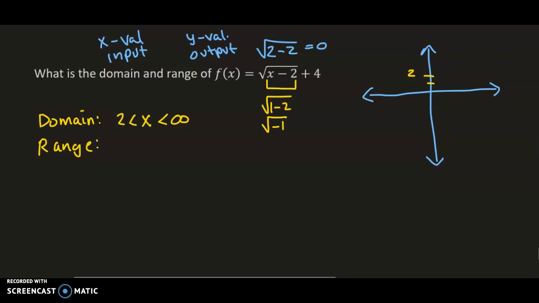It'll never be negative, right? It'll be a little more than 0. It'll never be less than 0. So the smallest amount that this can be is 0. So that means that our smallest output is 4.